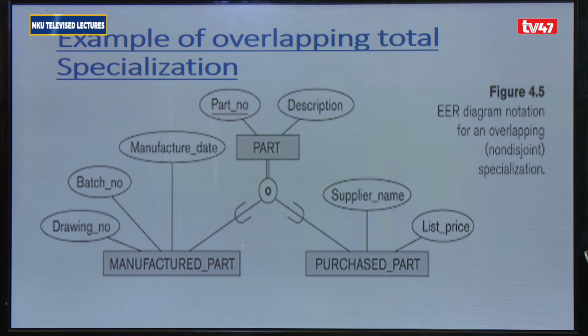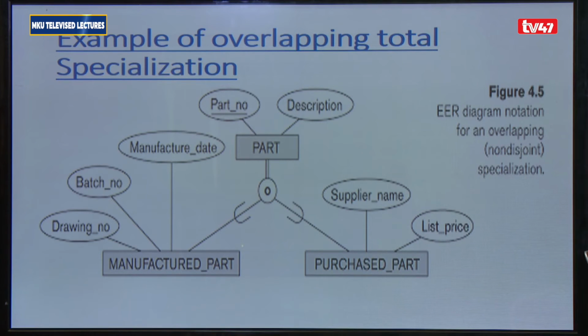For example, the companies that manufacture computers like IBM, like Dell, in as much as they manufacture many parts, there are parts that they do not manufacture, but they purchase.